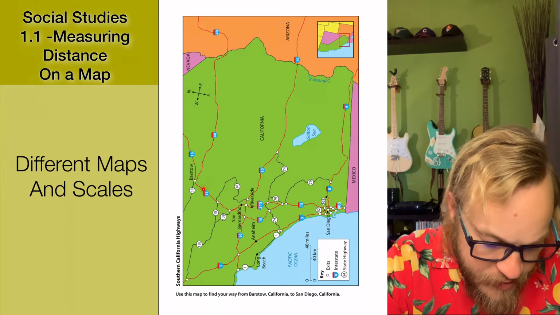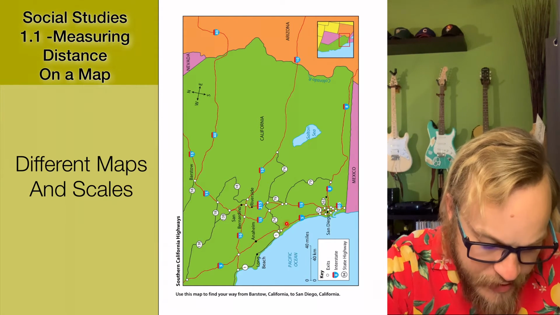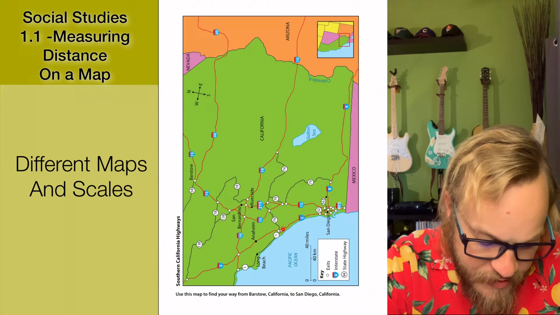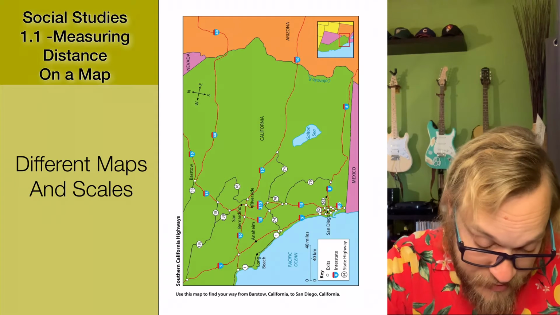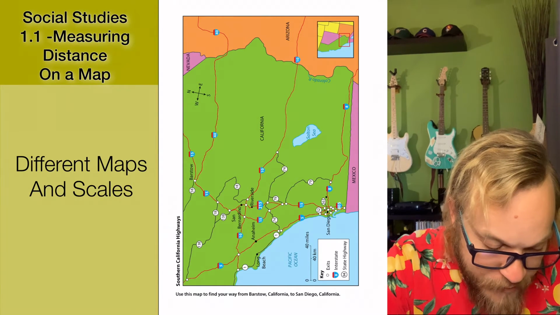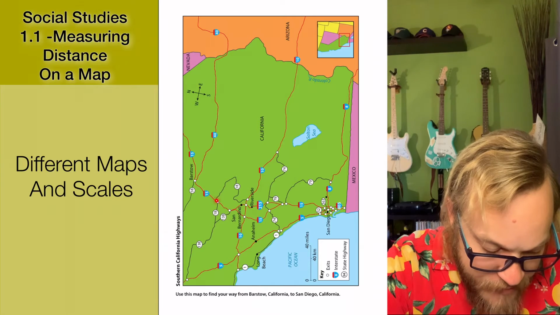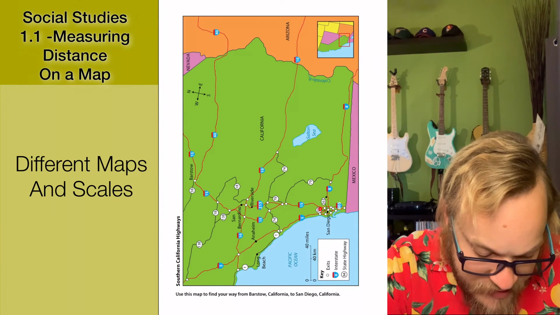Or if you want to cut across the 15 to the 10 and take the 1 or the Pacific Coast Highway, you can do that. Many different ways to get to San Diego. But this is 40 miles. So that's 40 miles, another 40 miles, 40 miles, 40 miles.